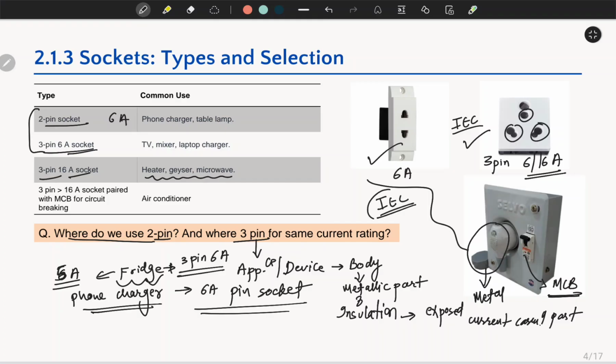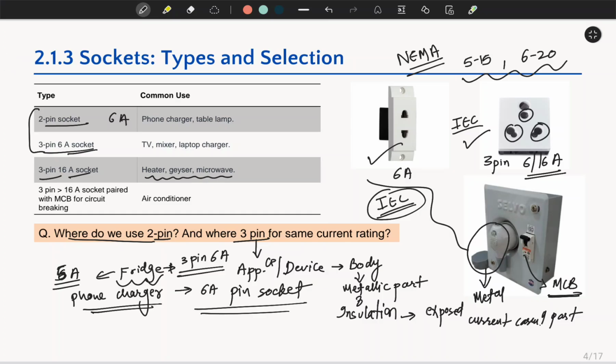These are international standards, mostly used internationally, but according to NEC, they mostly use NEMA standard or NEMA based sockets and switches like 5-15 or 6-20. We'll learn about them in detail in later modules.